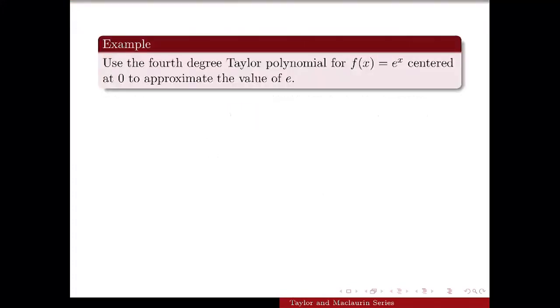For example, here, use the fourth degree Taylor polynomial for f of x equals e to the x centered at 0 to approximate the value of e.